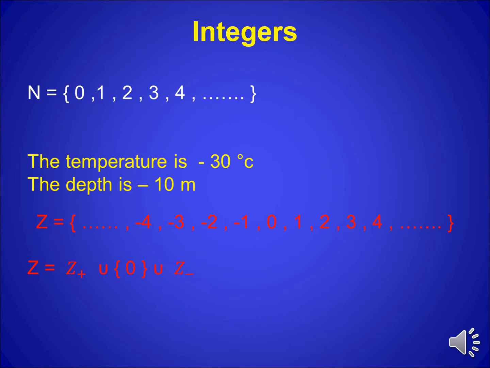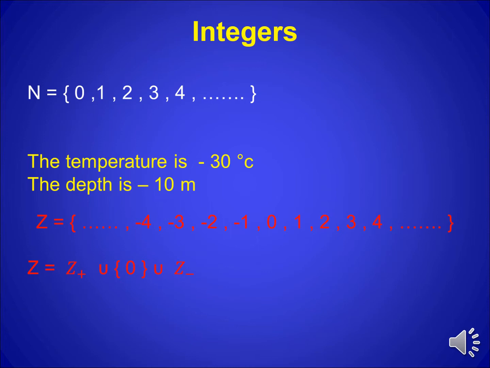You can say that the temperature is negative 30 degrees Celsius. Below zero means smaller than zero by 30 degrees. So I call the temperature negative 30 degrees Celsius. That means I have a number smaller than zero.